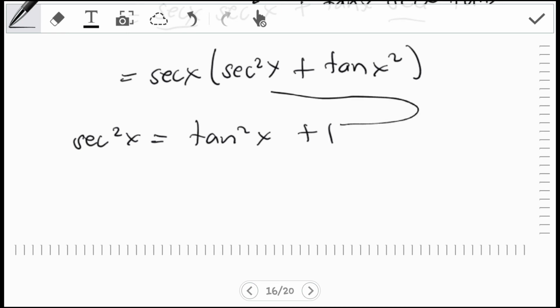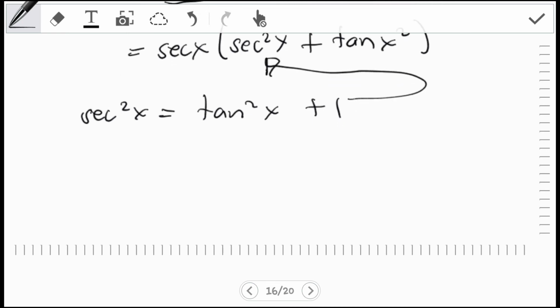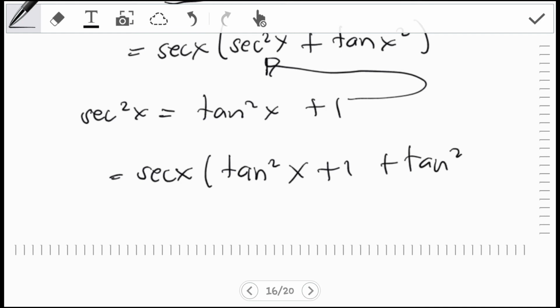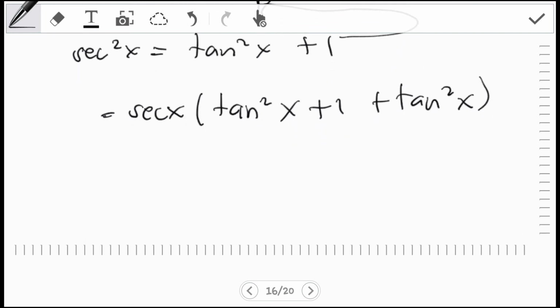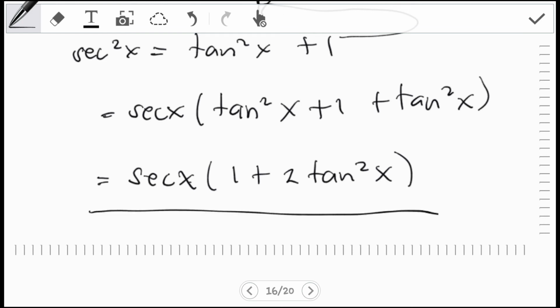So substitute this. So secant x times the quantity of tan squared x plus 1 plus tan squared x. Okay? So secant x times 1 plus 2 tan squared x. Okay? And that is the equivalent derivative.